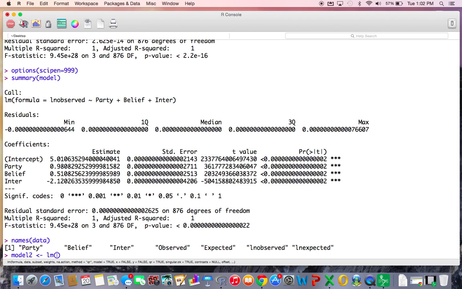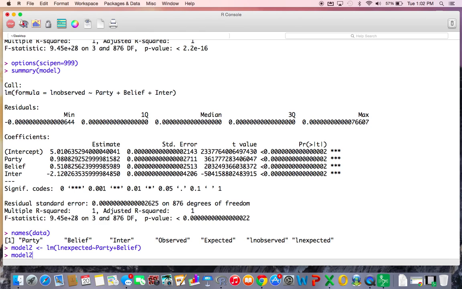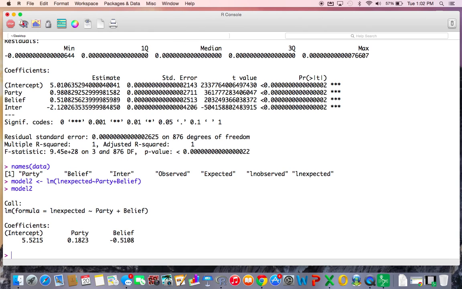But this time I want to do it as a linear model of the natural log of expected as a function of party plus belief without the interaction. Okay, so you'll see that we do get the negative 0.5109 for belief as we would expect that we would get.